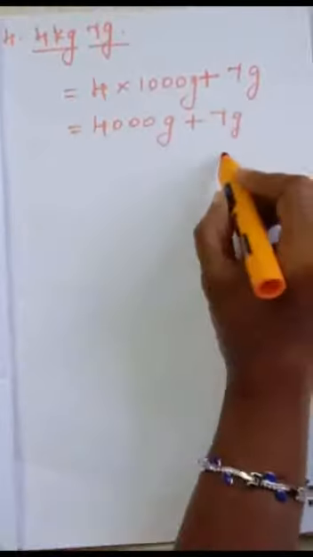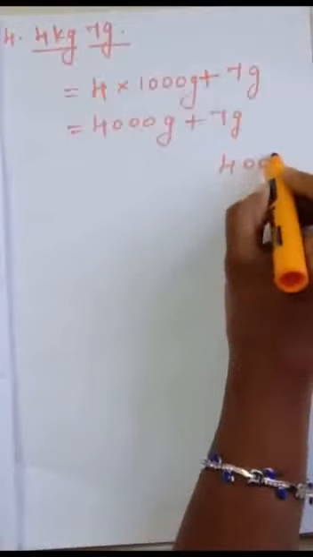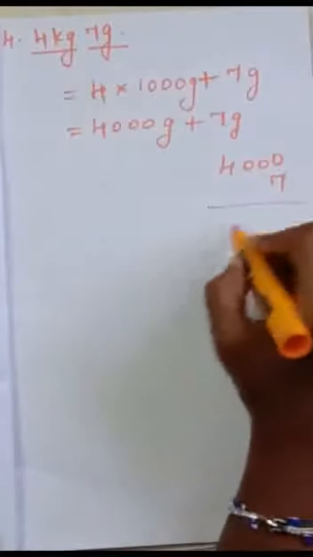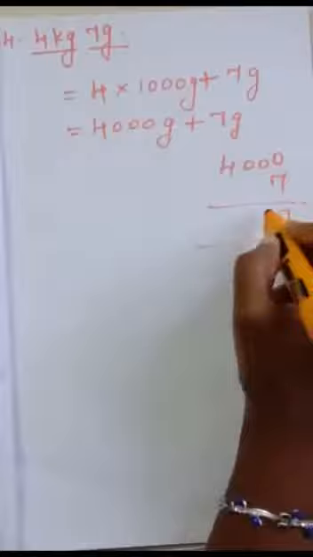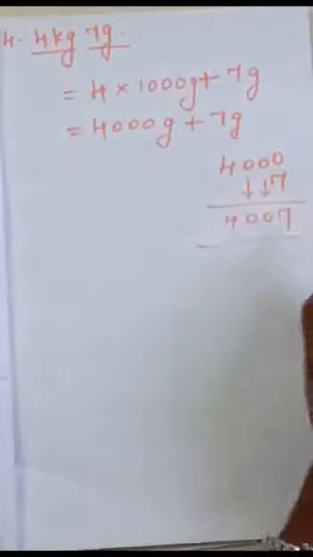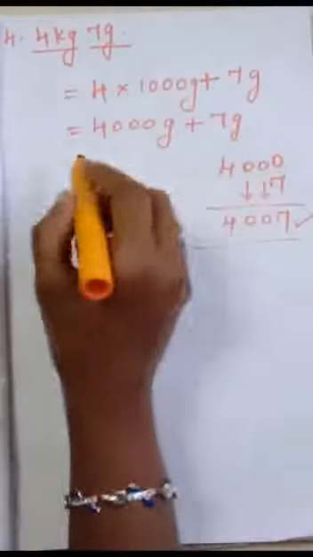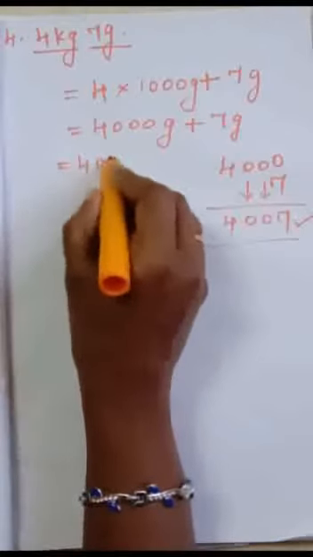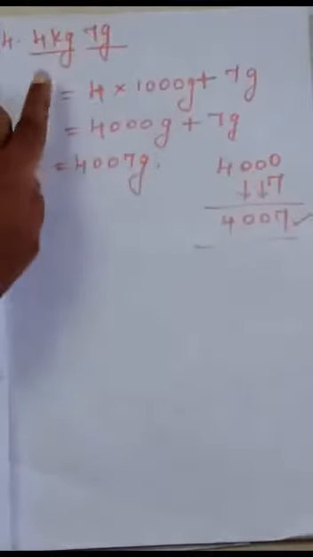Again, when you add 4,000 plus 7, what will you get? 7 and 4, so what is the answer? 4007 gram. So when the value is given in such a way, kilogram as well as gram, both you have to convert into gram.